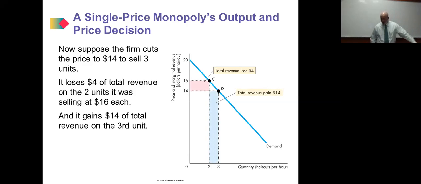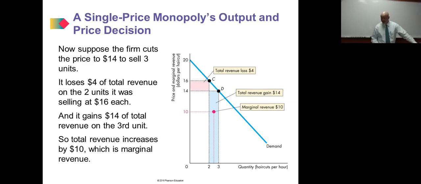It's going to gain $14 of total revenue on the third unit. So what is the marginal revenue by going from 2 units to 3? $10.